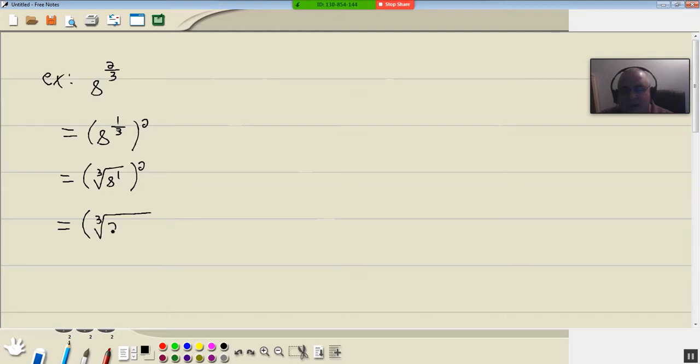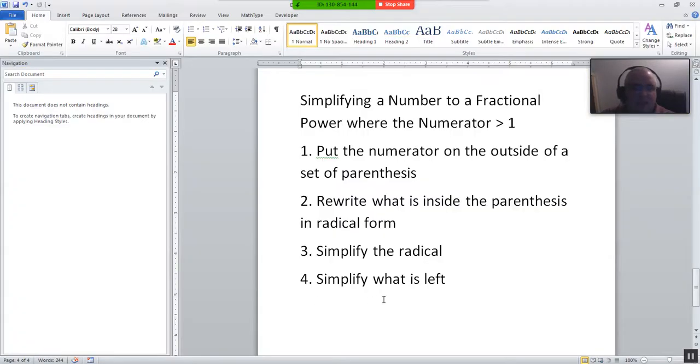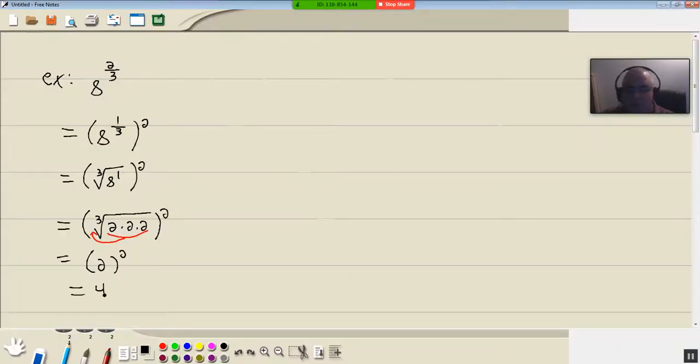Well, 8 is 2 times 2 times 2. Now our index is 3, which means we're looking for a set of 3 of something. Well, here's 3 2's. So 3 2's come out in front as a single 2. And then our last step is to simplify what's left. 2 squared is equal to 4. And that'd be our answer.